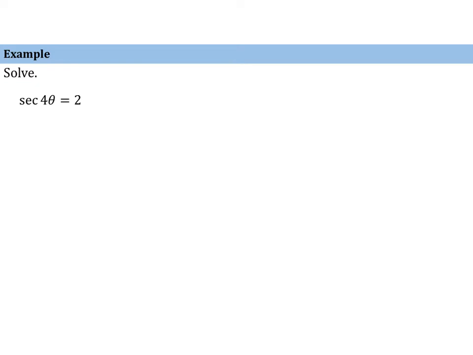Now let's look at secant of 4 theta equals 2. So you might think, just to yourself, maybe we don't know secant functions very well, but we know the reciprocal, cosine of an angle, would be 1/2 in this situation.